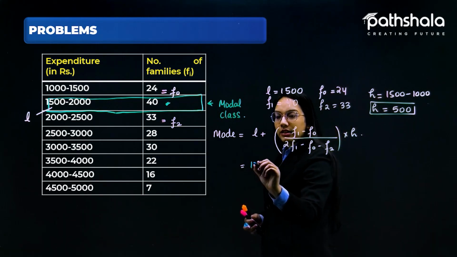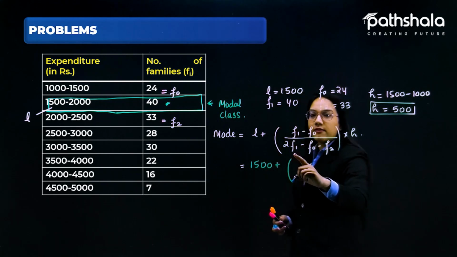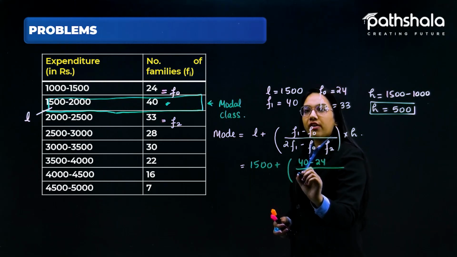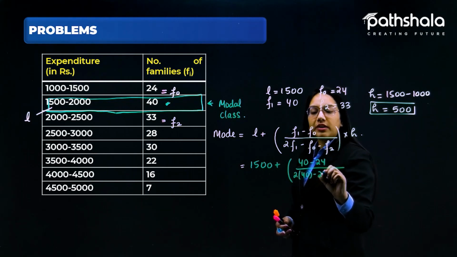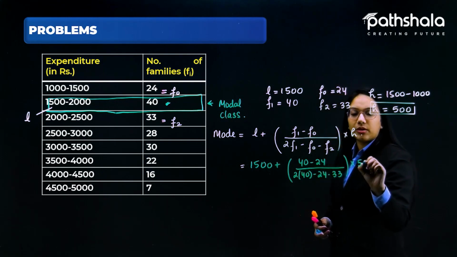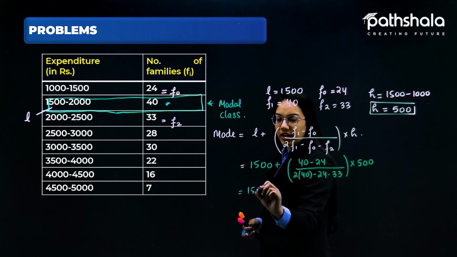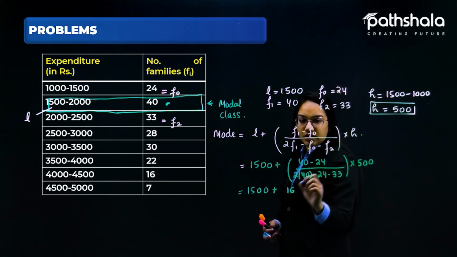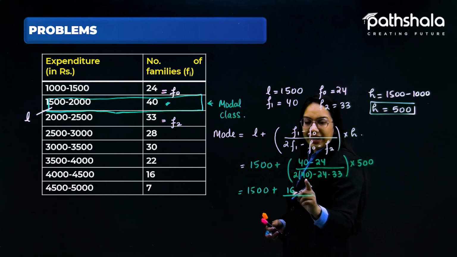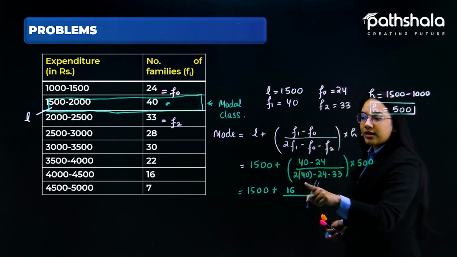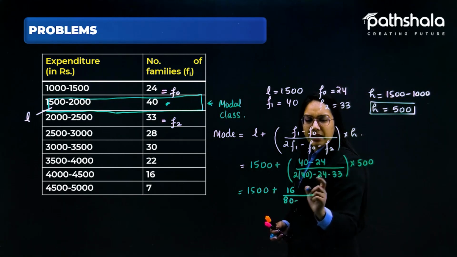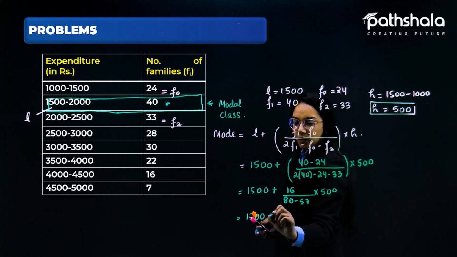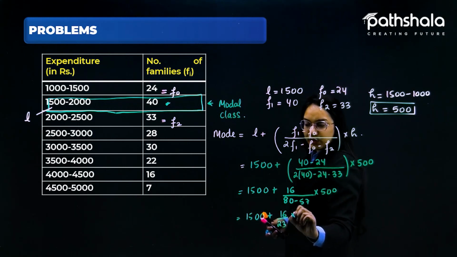L is 1500 plus, F1 is 40 minus F0 which is 24, divided by 2 into 40 minus 24 minus 33, into H which is 500. Sorting it out, this is 1500 plus 16, because 40 minus 24 is 16, divided by 80 minus 24 minus 33. At the end, we get 80 minus 57, into 500. Again sorting it out, this is 1500 plus 16 divided by 23 into 500.